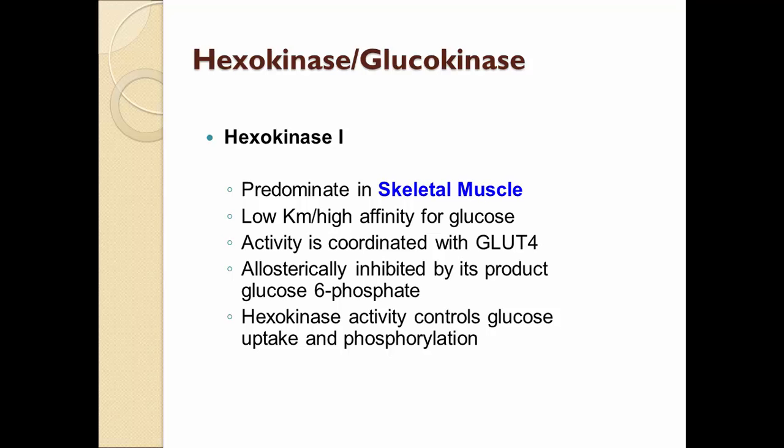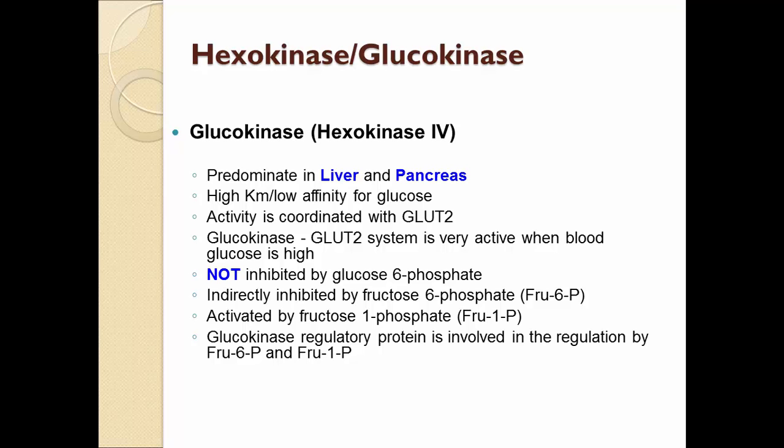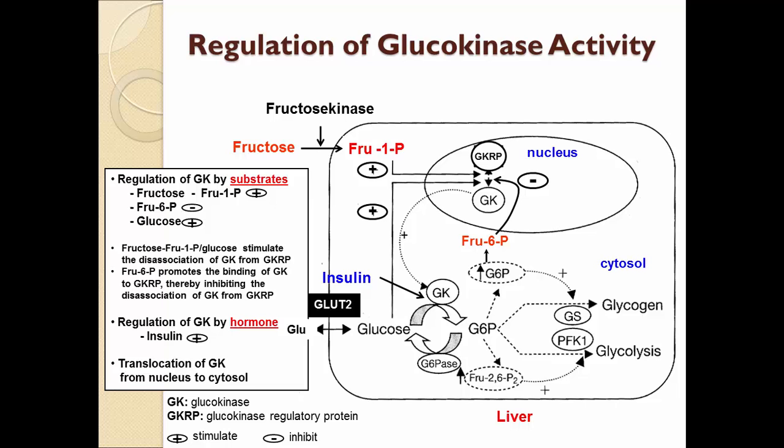The hexokinase in skeletal muscle and glucokinase in the liver or pancreas, and these two enzymes catalyze the same reaction but just in different tissues. And this is a key slide. I think we talked about it a little bit already.